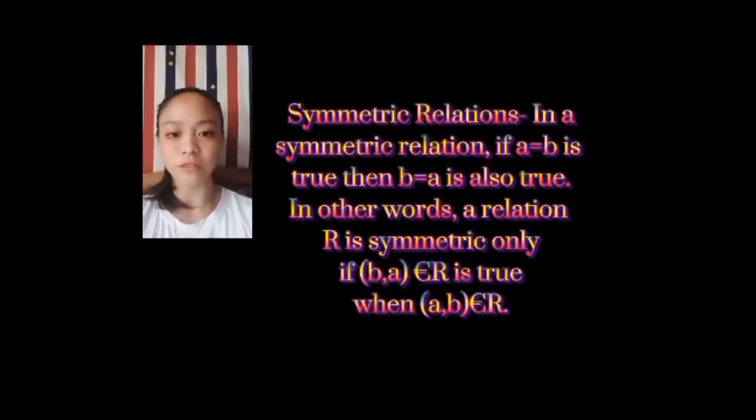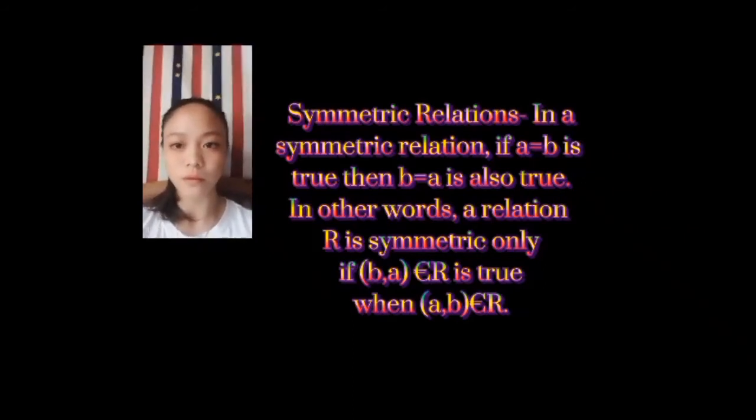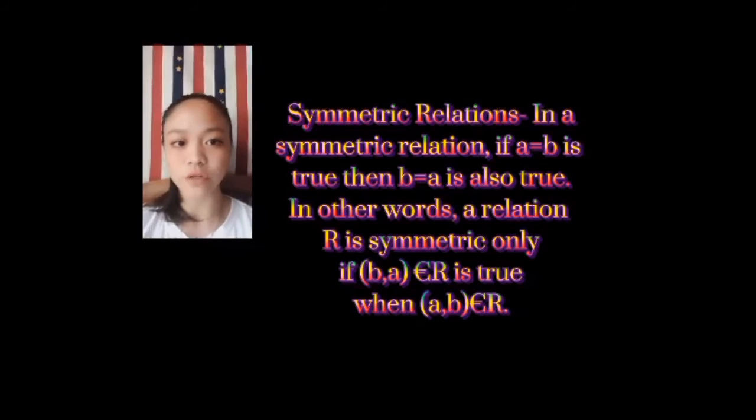Symmetric relation. In a symmetric relation, if a equals b, then b equals a is also true. In other words, a relation R is symmetric only if (b, a) ∈ R is true when (a, b) ∈ R. Transitive relation.